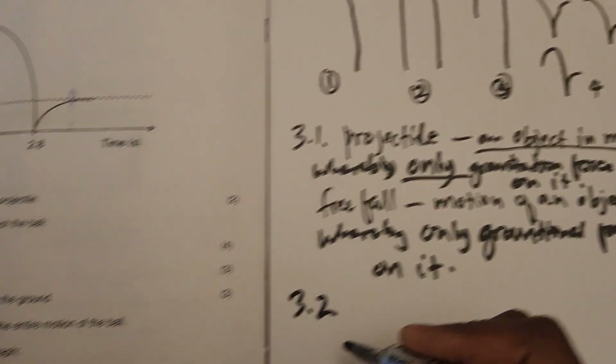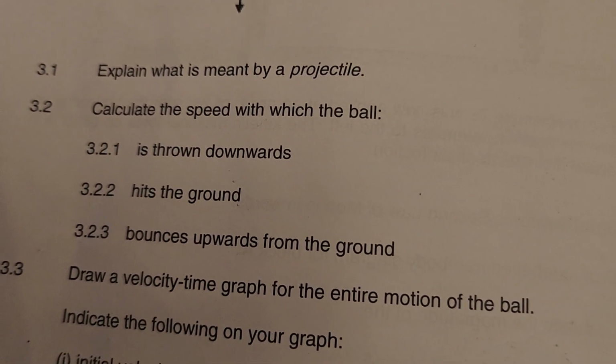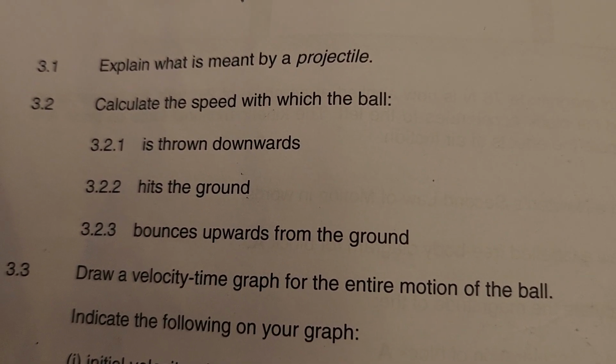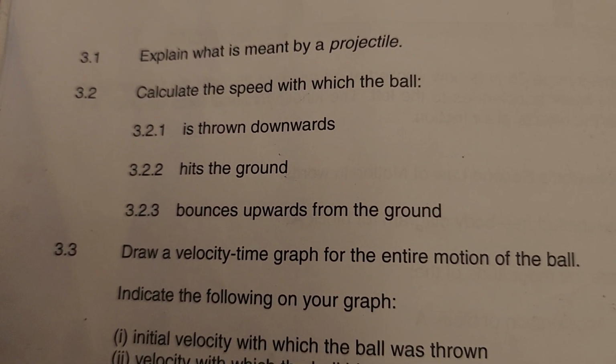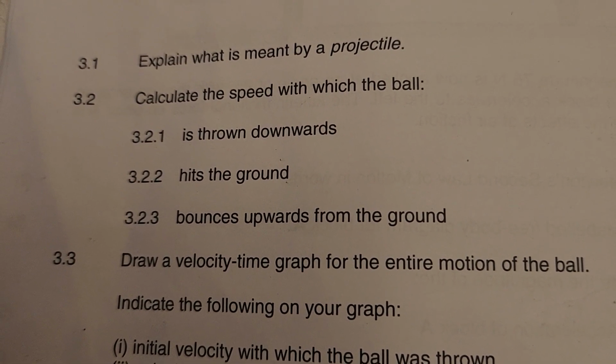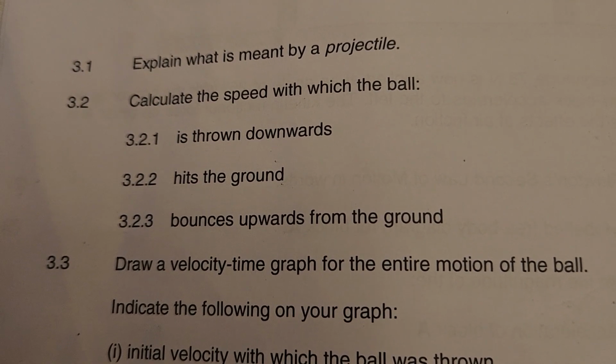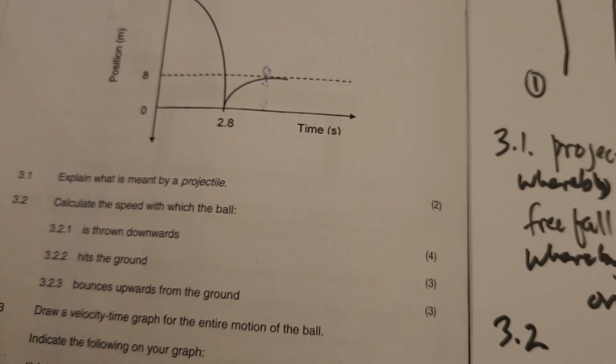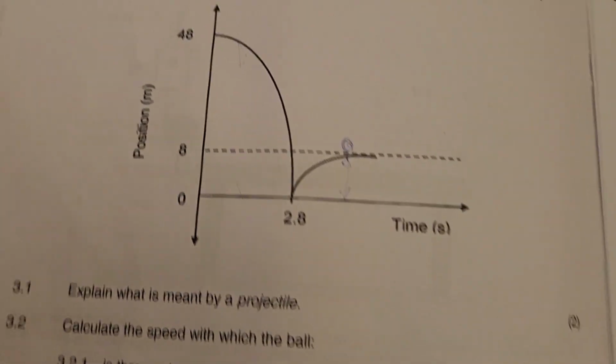3.2, according to this question paper, they say to us calculate the speed with which the ball is thrown vertically downwards. In this case, calculate the initial velocity. Now we can look at the graph.